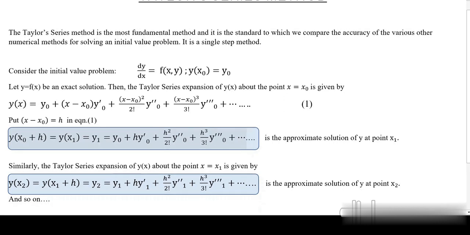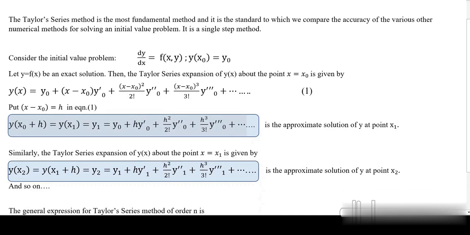Now in this equation, if we substitute x minus x naught as h, then the resultant equation would be: y at x1 is equal to y naught plus h times y naught dash plus h square by 2 factorial y naught double dash plus h cube by 3 factorial y naught triple dash, and so on. So this is the approximate solution of y at the point x1.